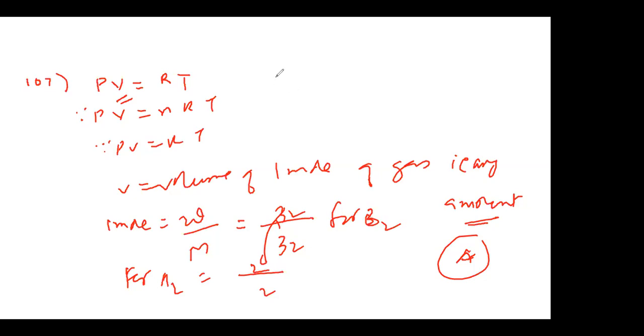Next sum 108. At pressure P and absolute temperature T, mass M of ideal gas fills closed container of volume V. An additional mass 2m of same gas is introduced.